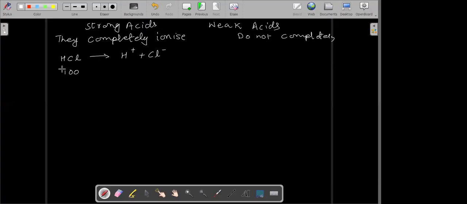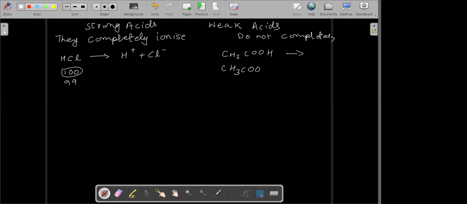And a weak acid is the one which does not ionize completely. For example, if you consider the dissociation or ionization of CH3COOH, you get the acetate ion CH3COO minus plus the H plus ions.